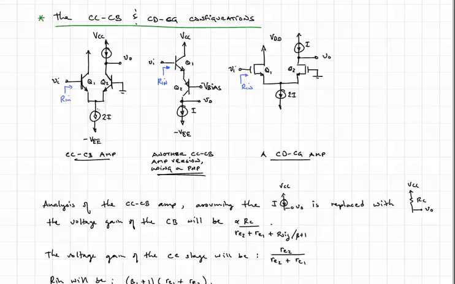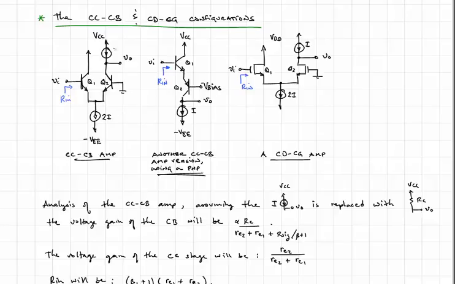So what we've done here is the common collector stage made up of Q1 would have a current source, I, and the common base stage would have a current also, I. And what we've done is we've combined those two together, because after all they're running in parallel, so we might as well just put them together.